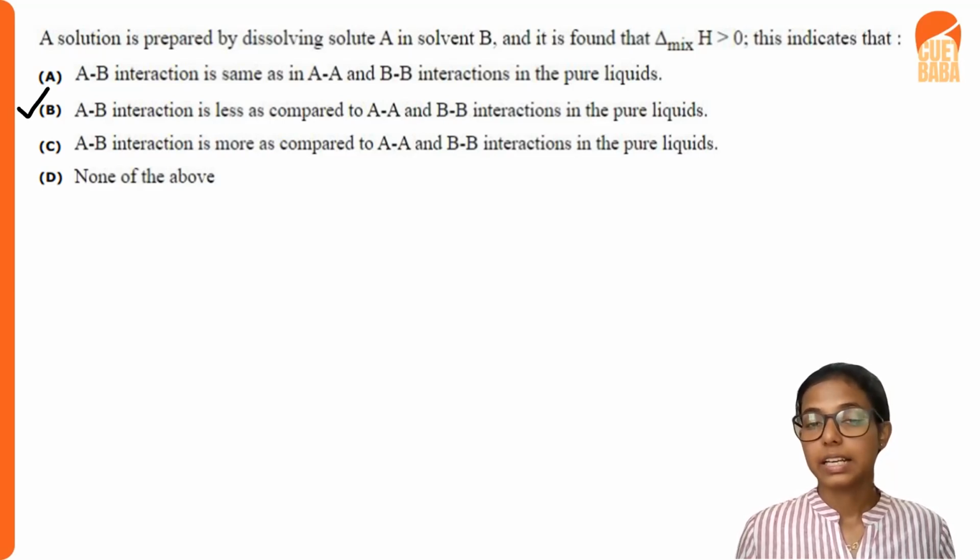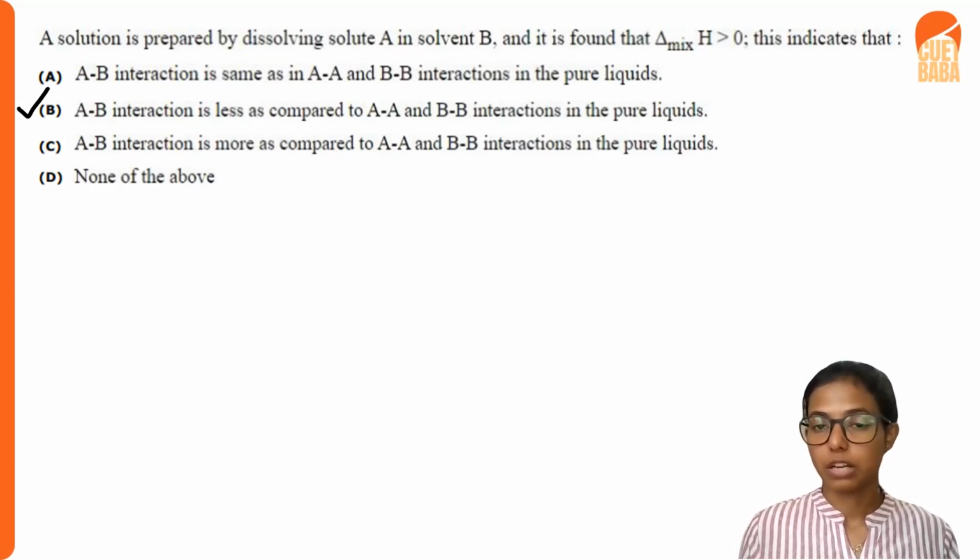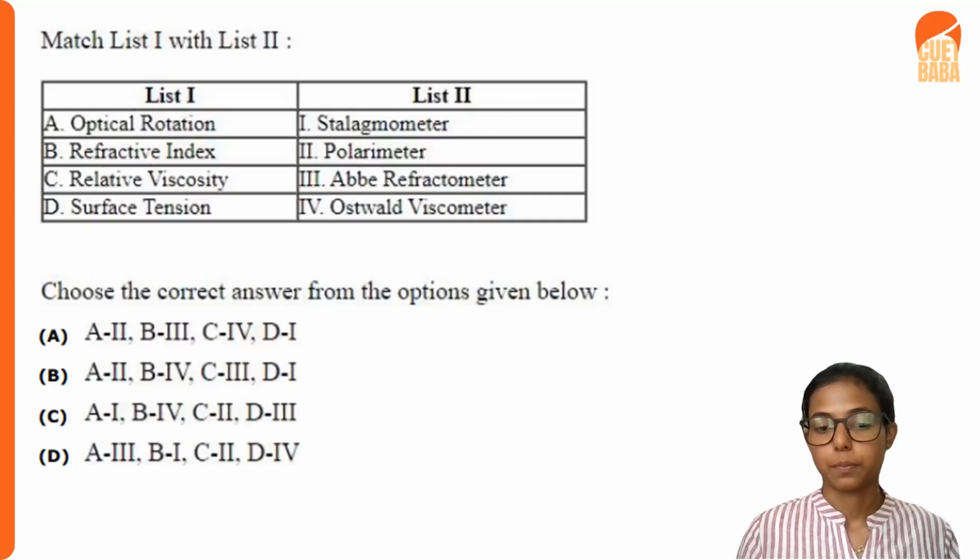In that case, delta H mix will be greater than 0, that is, the change in enthalpy will be greater than 0. So the correct option here is option B, that is, AB interaction is less compared to AA and BB interactions in pure liquids. This is an example of positive deviation.